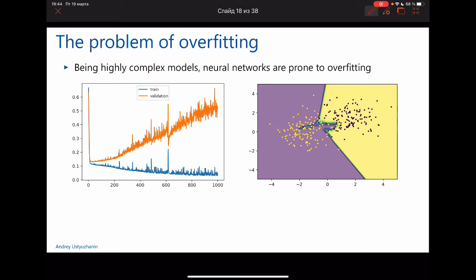As neural networks consist of many coefficients, it's quite natural to see the case when our training sample is ideally, or more or less ideally, learned, and the loss function shrinks to very, very small numbers on the training sample, while the validation sample loss becomes quite significant.